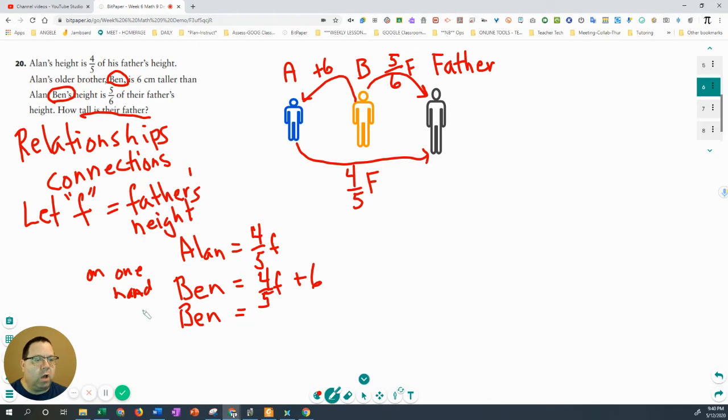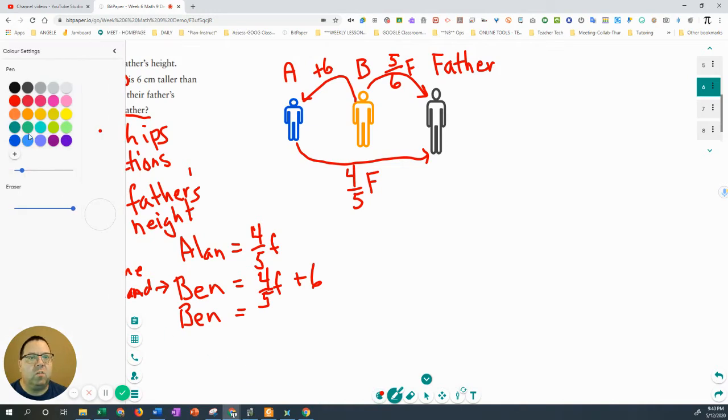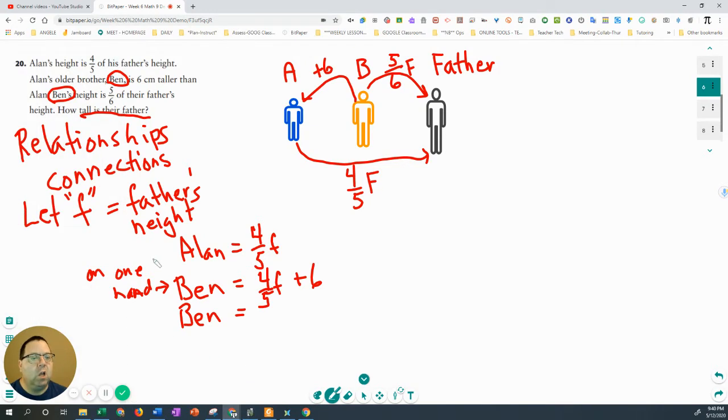So on one hand, we've got one way of talking about Ben's relationship to someone else. Ben's relationship to his brother Alan is 4/5 his father's height plus 6, because we already know how Alan is related to his dad in terms of height.